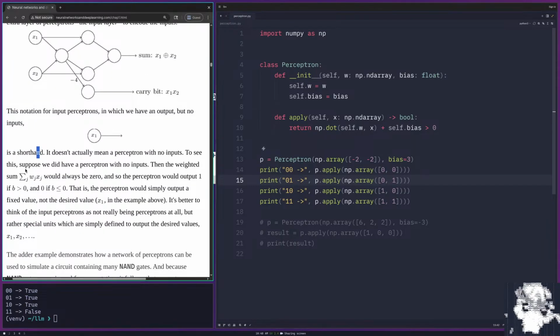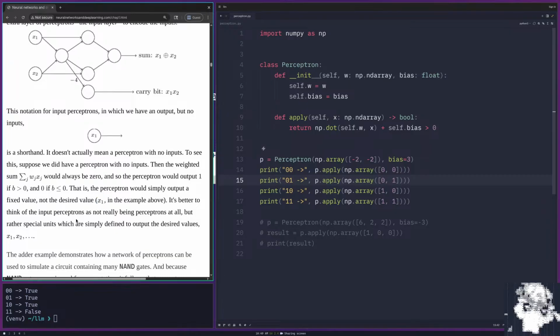To see this, suppose we did have a perceptron with no inputs, then the weighted sum over j of wj times xj would always be 0, and so the perceptron would output 1 if b is greater than 0, and 0 if b is less than or equal to 0. That is, the perceptron would simply output a fixed value, not the desired value, x1 in the example above.